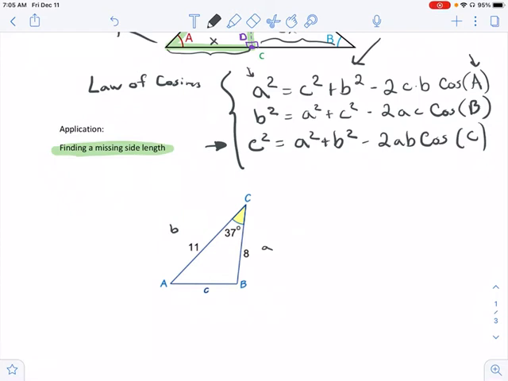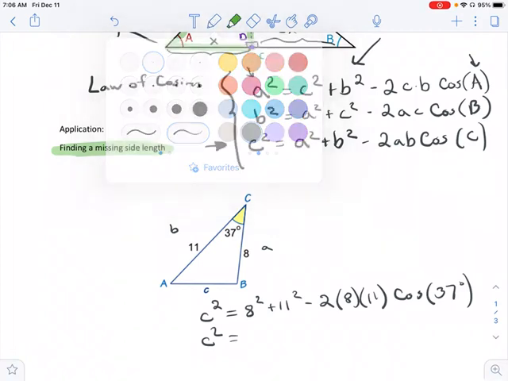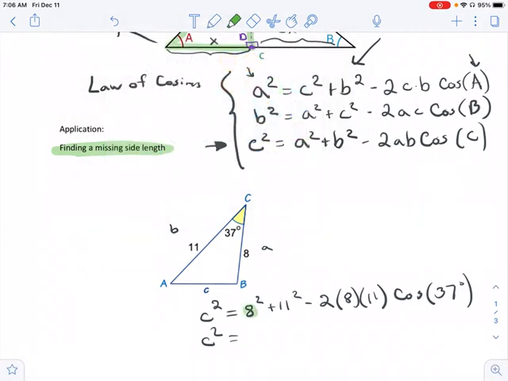So looking for c, I can say c squared equals a squared plus b squared minus 2ab cosine C. That's 8 squared plus 11 squared minus 2 times 8 times 11, times the cosine of 37 degrees. 8 is my A, 11 is my B, so that goes right into my equation.